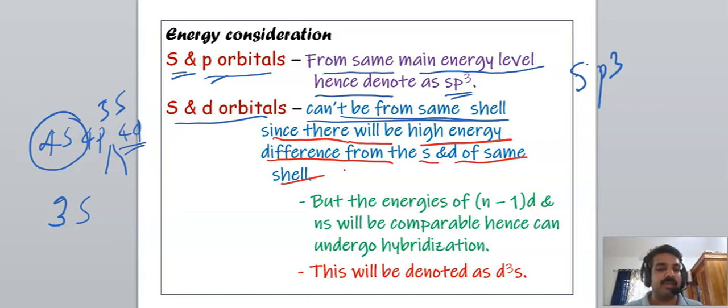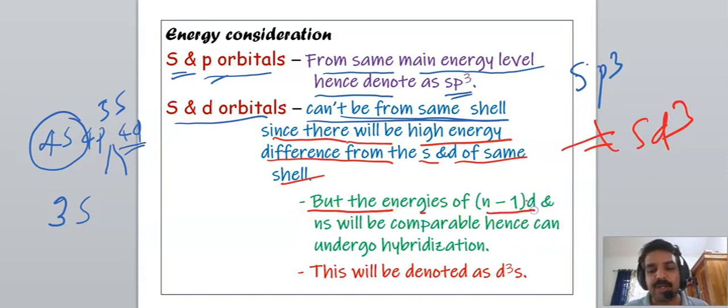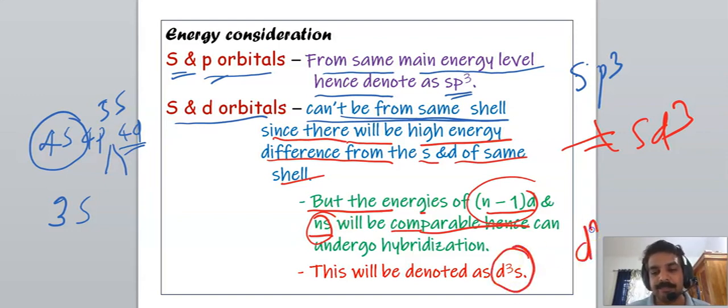In this case of s and d in the same shell they will have different energy, so it cannot be sd3. But the energies of (n-1)d and ns will be comparable. We already know in the lower classes that (n-1)d and ns orbitals have comparable energy. So they can undergo hybridization, so it should be d3s.